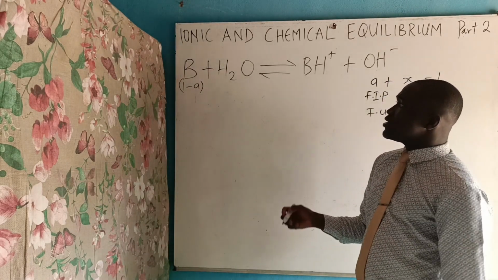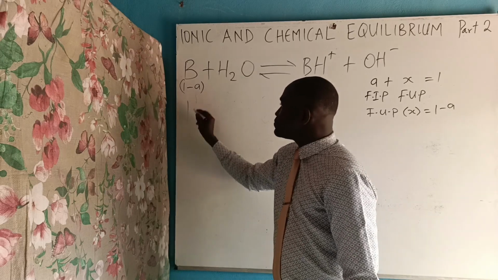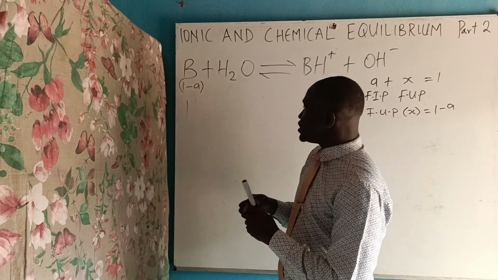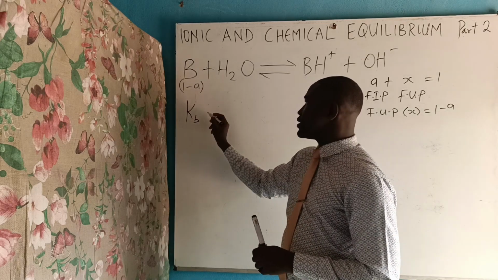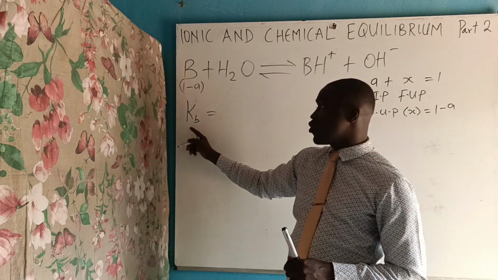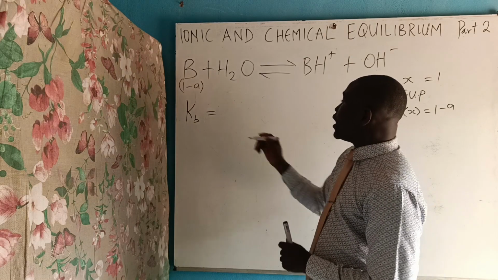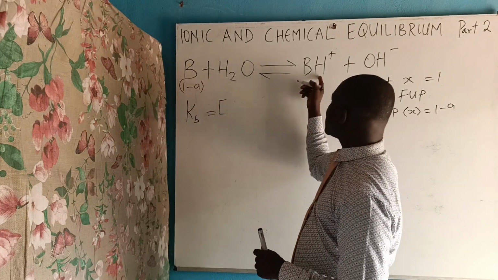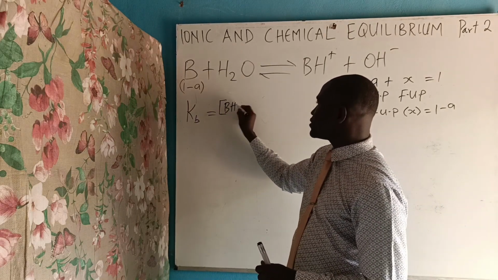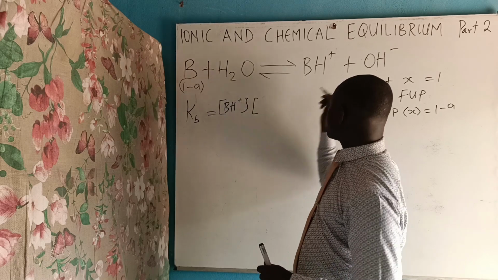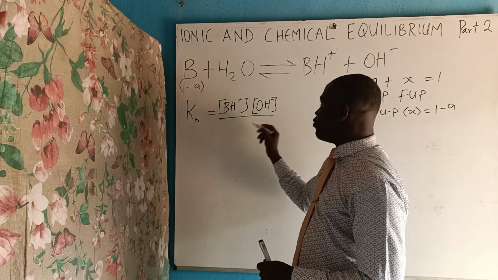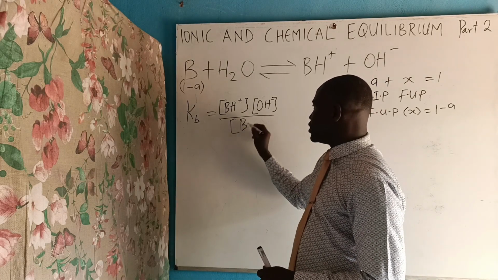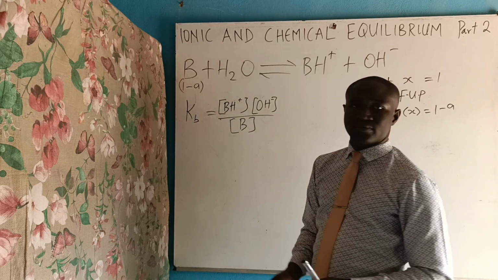Now, the dissociation constant of the base, Kb, because we are talking about a base, is equal to the product of the concentrations of the ionized part over the concentration of the unionized part.